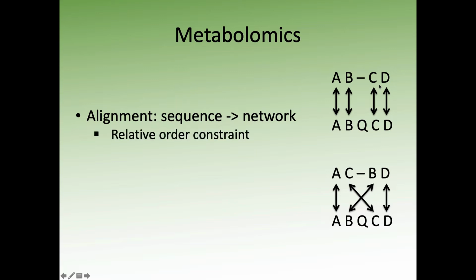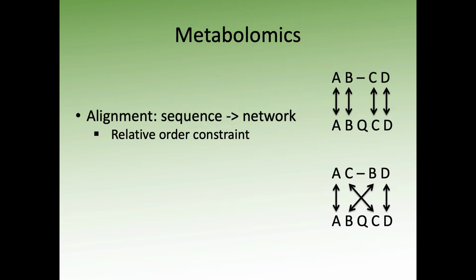And typically when we think about sequence alignment, what we're actually looking at is something where we have some sort of relative order constraint. And this is not unlike how we think about metabolomic networks, where the order of things actually matters, right? You can't have a final product metabolite without all of the precursors.